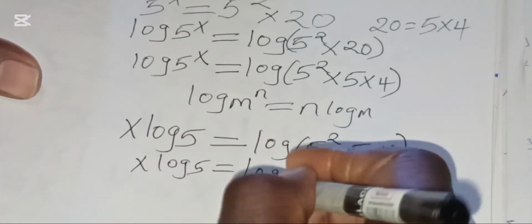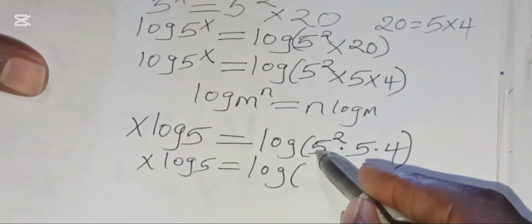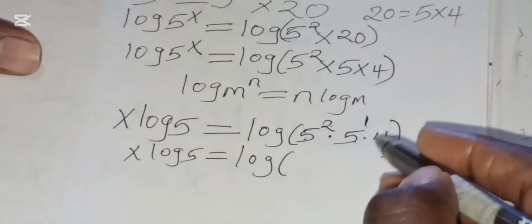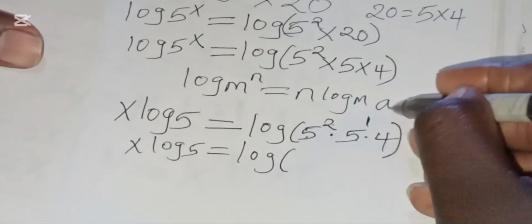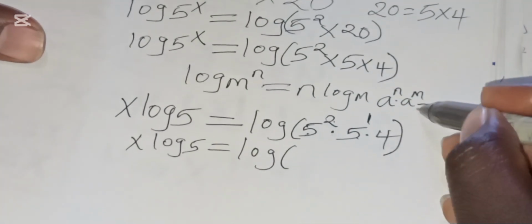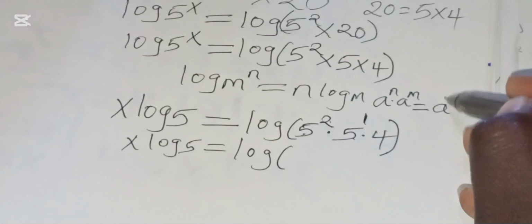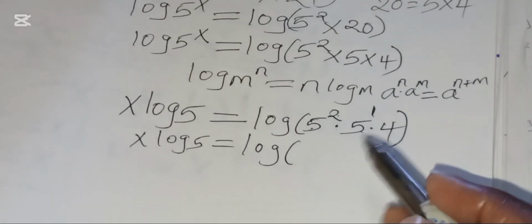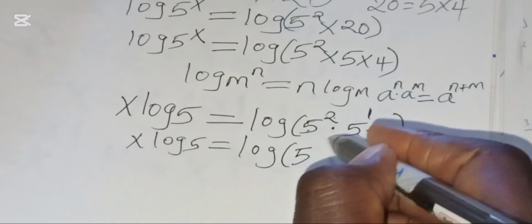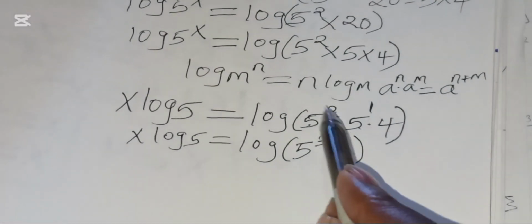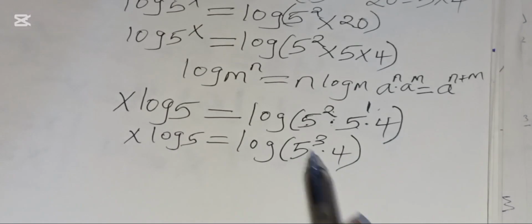Which is the same thing as log, this is 5 squared times 5. This is 5 raised to power 1, which is in the form of a raised to power n multiplying by a raised to power m, which we can express as a raised to power n plus m. So by doing so, this is 5 raised to power 3 multiplying by 4. We just add the powers, that is 2 plus 1, which is 3.